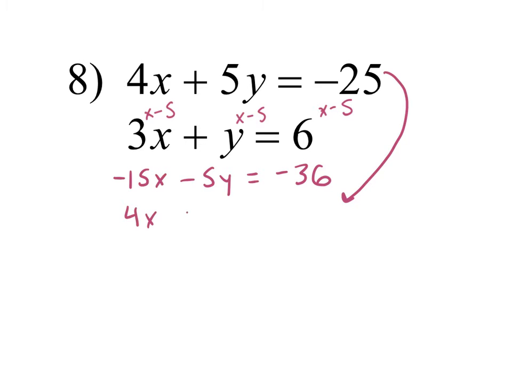So 4x plus 5y is equal to -25. Can we combine these two equations and get something to cancel out now? Yep. So we can just go ahead and add everything together. So when we don't have opposite numbers to start off with, we're going to have to multiply something. So when you can't combine them right away, you know you need to multiply.